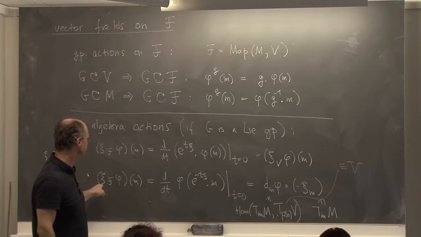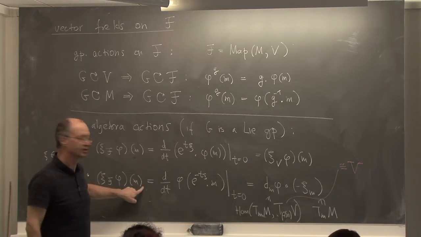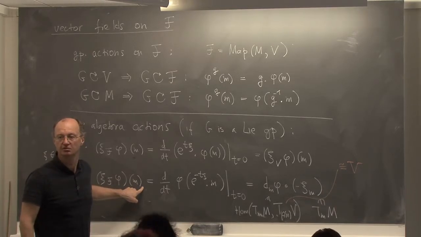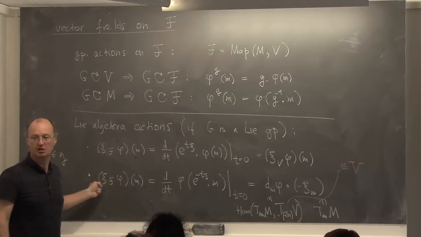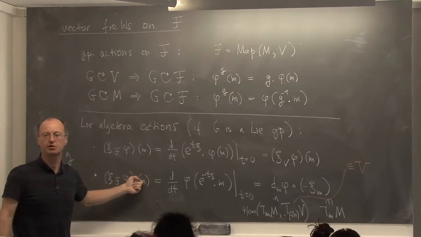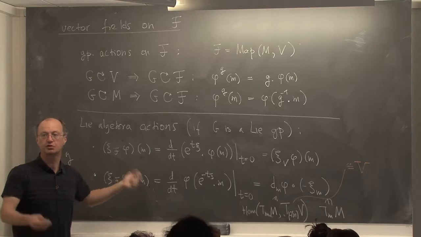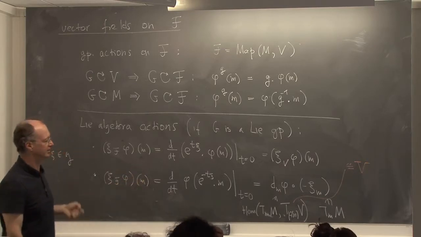So this means that this thing is an element of V. And so this guy is a function on M with values in V, as it should be, right? So that's a tangent vector.